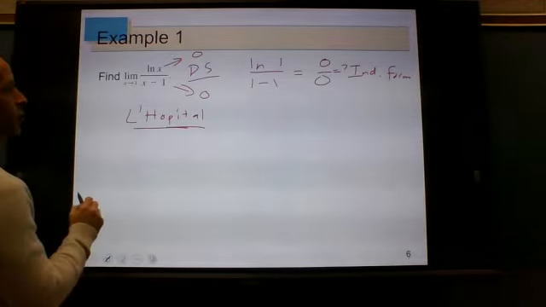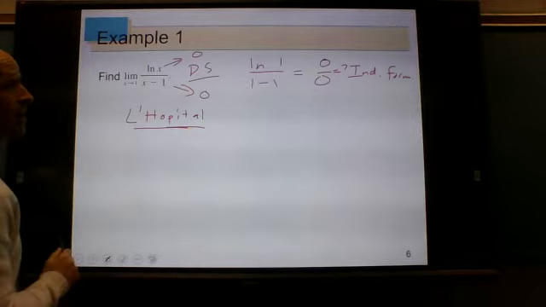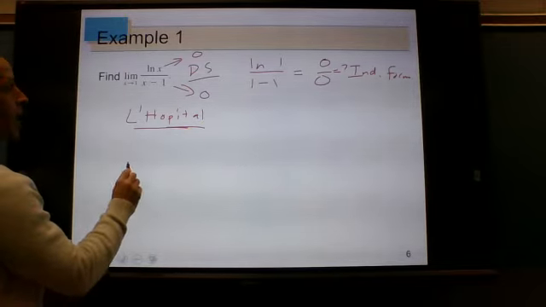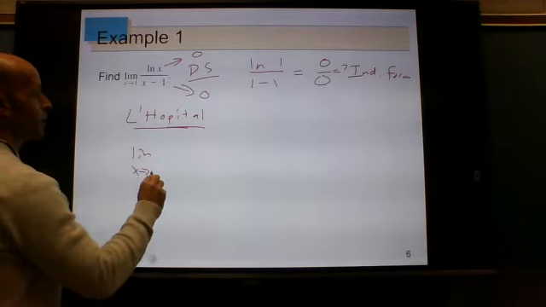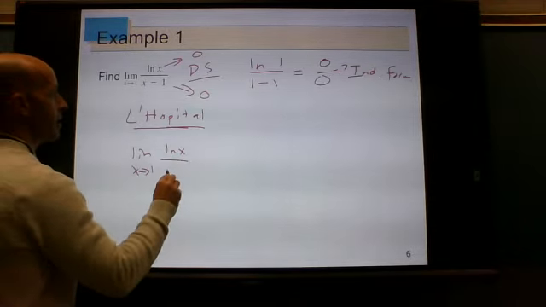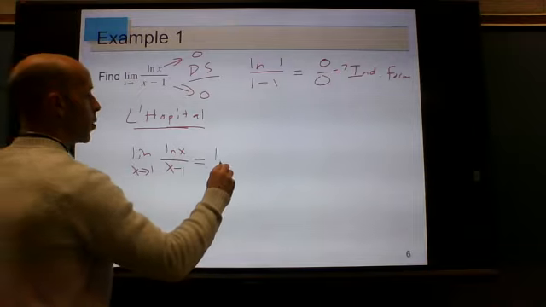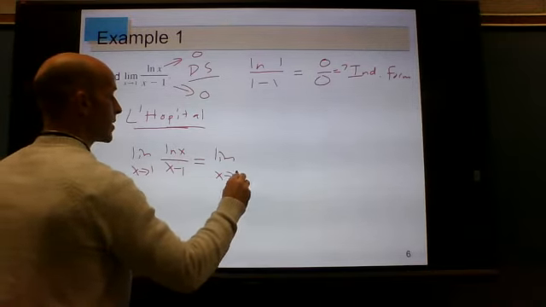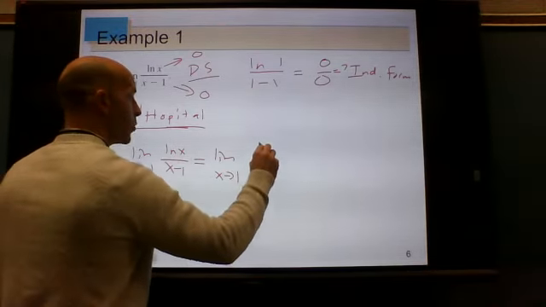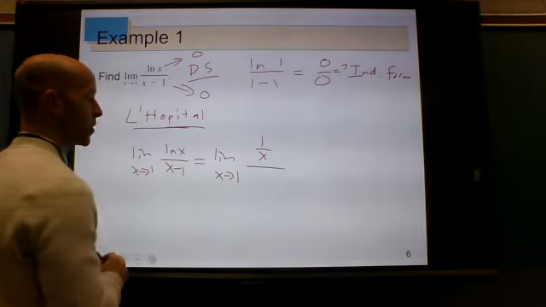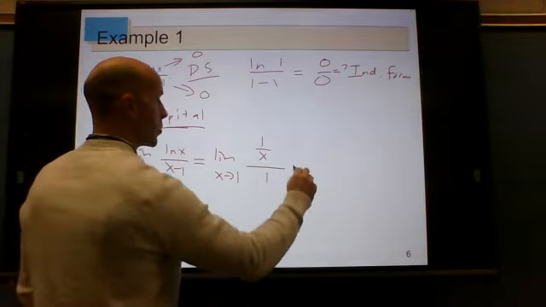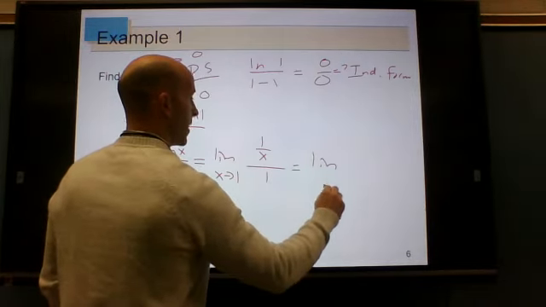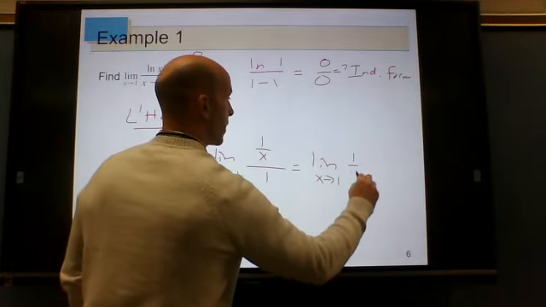And L'Hopital's rule says this: if we have one of these indeterminate forms, we can go ahead and say that the limit as x goes to 1 of the ln of x over x minus 1 is equivalent to the limit as x goes to 1 of the derivative of ln of x, which is 1 over x, divided by the derivative of x minus 1, which is just 1, which is simply the limit as x goes to 1 of 1 over x.